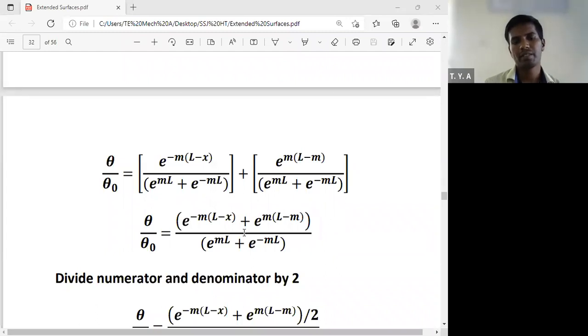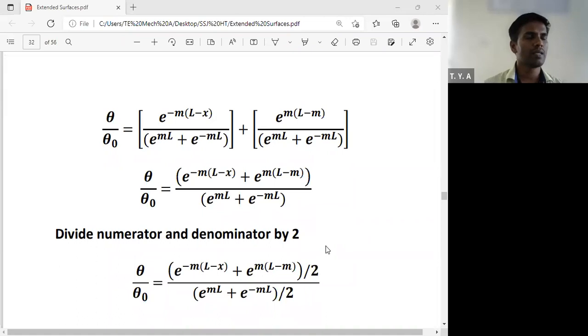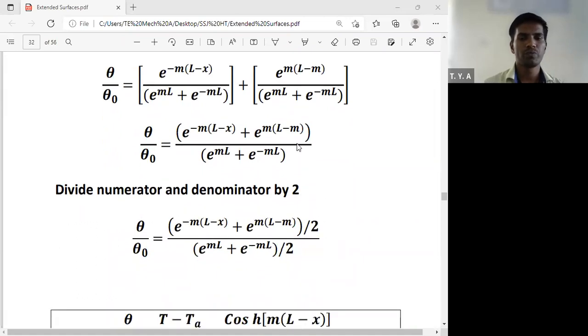The denominator is the same, so we take it common and add the numerators. In the next step we have to divide the numerator and the denominator by 2.